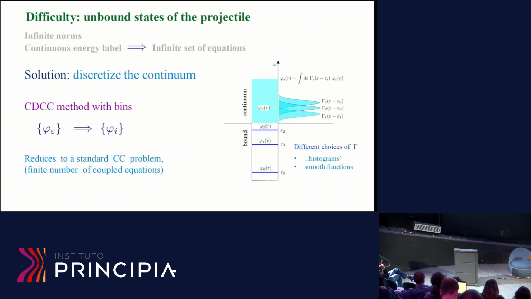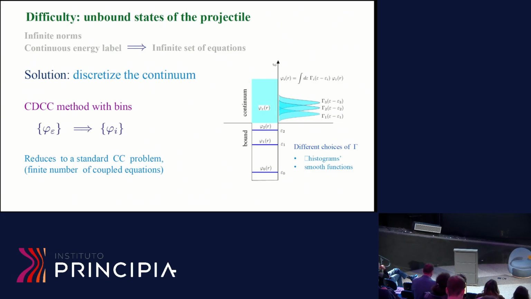But as I mentioned, one has an infinite number of states, and then what one does is to approximate the continuum by a set of wave packets. These wave packets, which are schematically represented here, are an integral of some weight function with the scattering states. And the shape of this weight function can be different things.